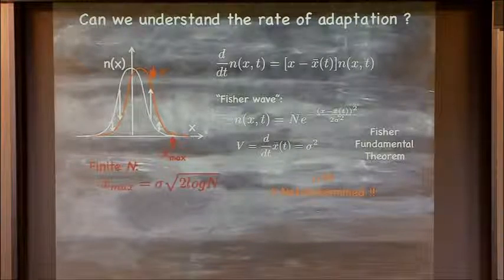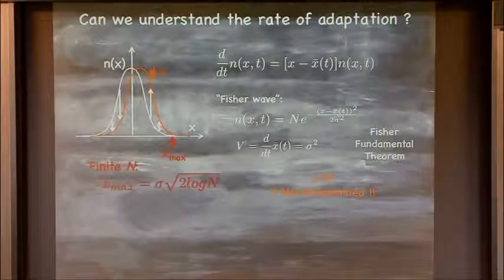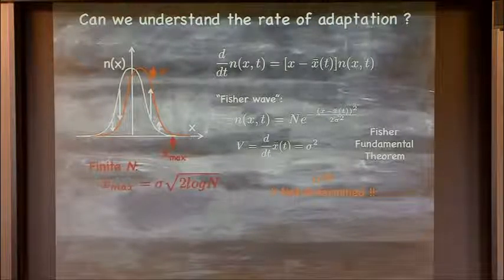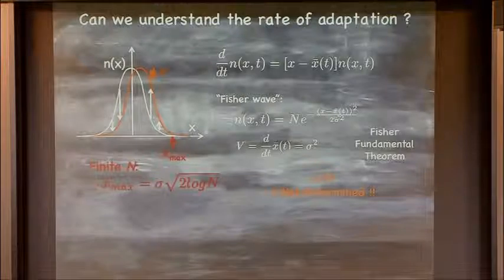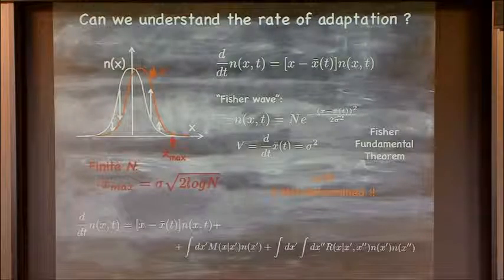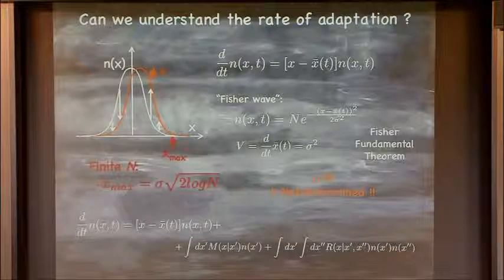But if there isn't such an individual, there is no mechanism of producing it, right? So in a finite population, this Fisher wave will basically slam into its leading edge, the variance will collapse, and it will stop. So to really calculate what the variance in the distribution is and what the velocity is, we have to start thinking about how the leading edge here is going to move forward.